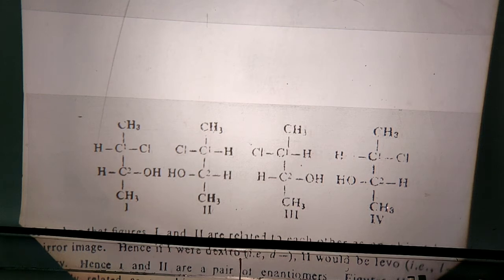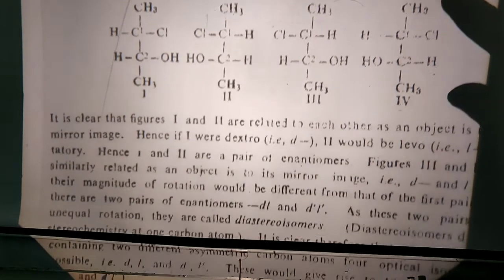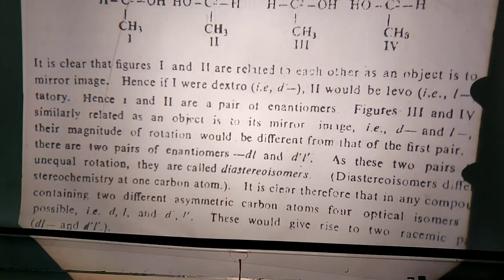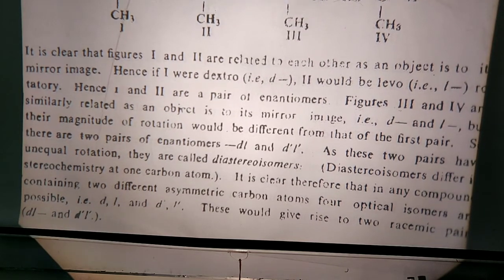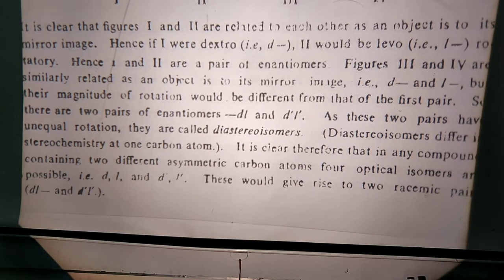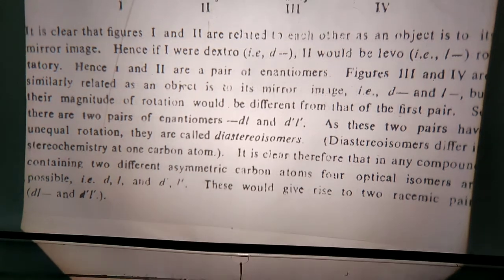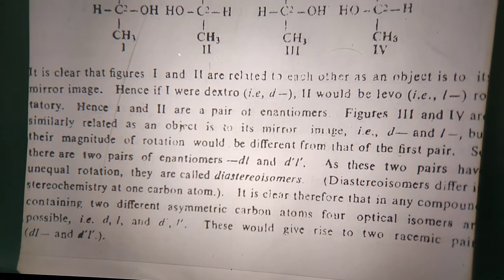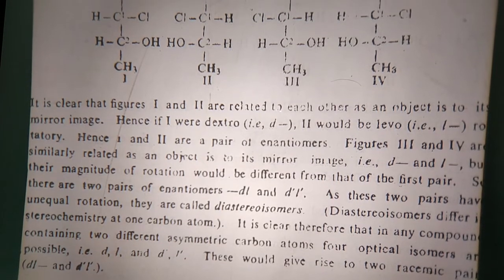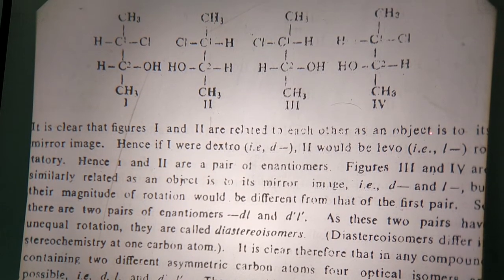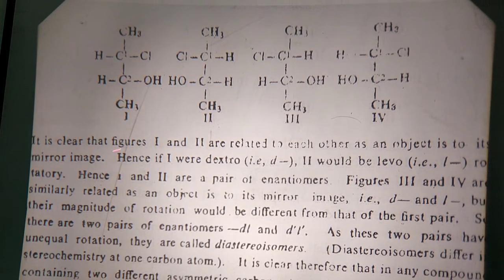These 1, 2, 3, 4 compounds have been formed out of it, and it is clear that figure 1 and figure 2 are related to each other as an object is to its mirror image.